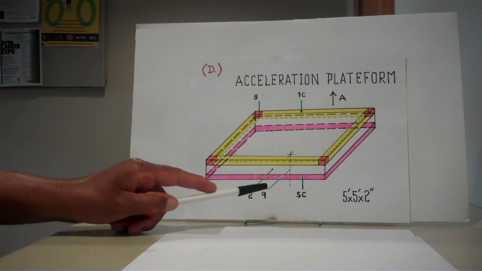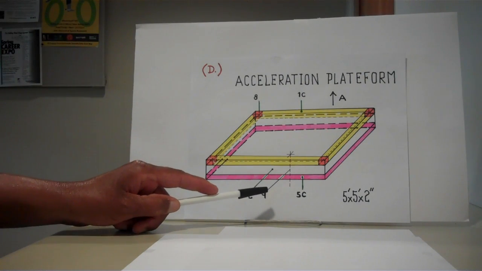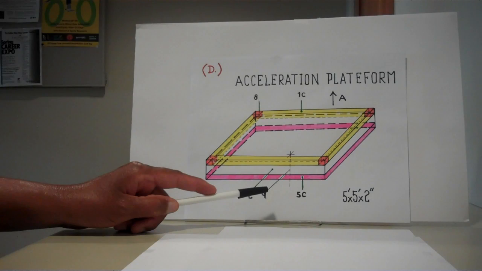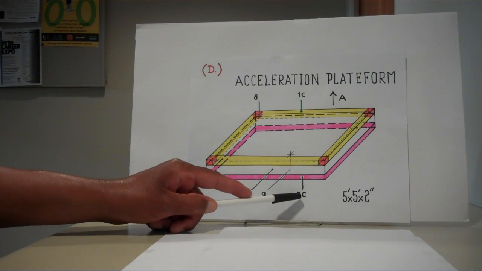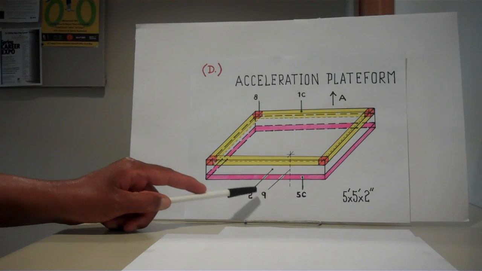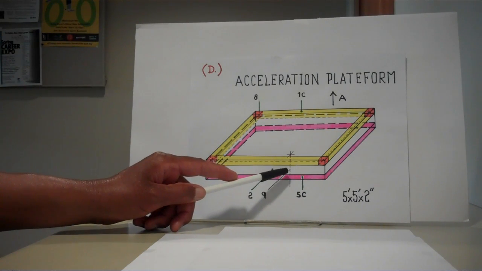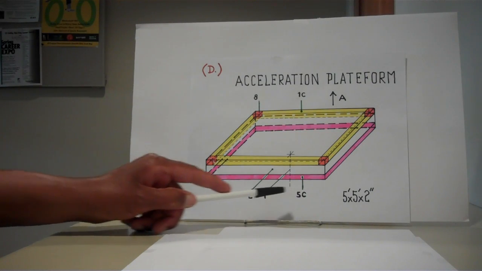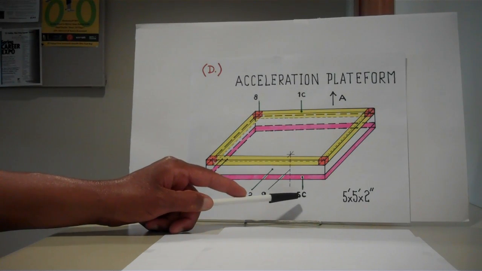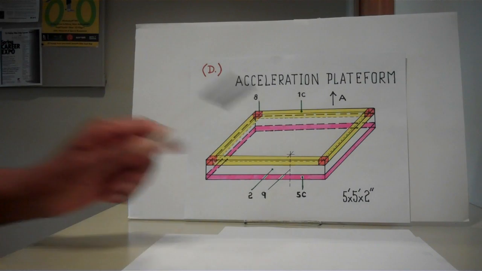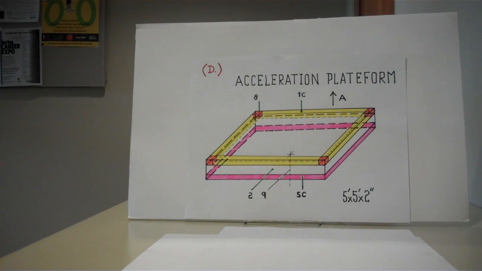A number 5, which is a laser source, is situated under 5C at location 9. 5C is a super lightweight mirror bed.